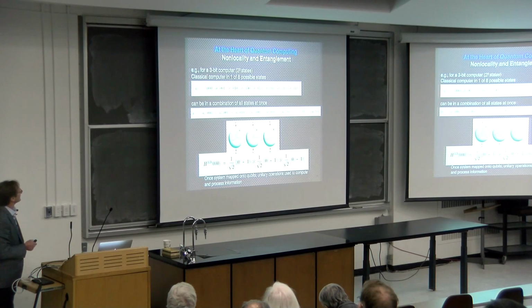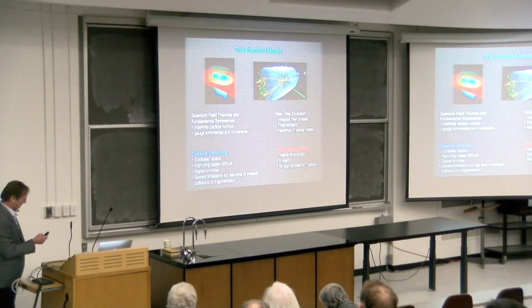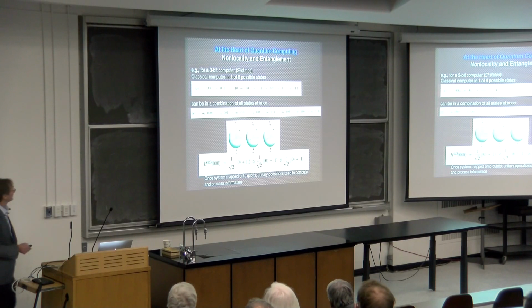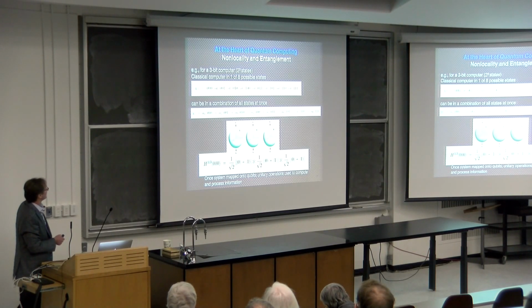The biggest difference, if you're looking at a classical computer, for instance, formed with 3 bits, is that it can be in 8 possible states. So 0, 0, 0, 0, 0, 1, for instance. And when you perform an operation on your classical computer, you'll change the state from, say, 0, 0, 0 to 0, 0, 1.